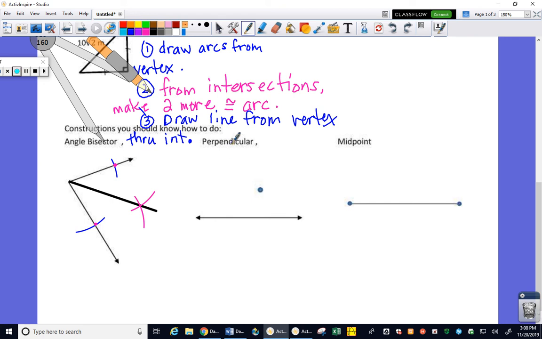So let's move over and talk about our perpendicular line. Here's a line, and there's our point. We're going to make the perpendicular exactly 90 degrees to that line. The first thing we do is draw an arc from your point that crosses that line twice.